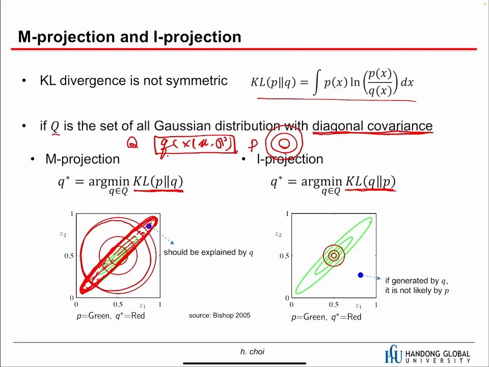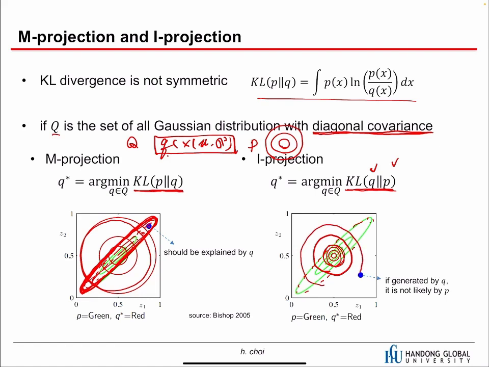And then in this case, we are actually generating samples from Q, because Q is the first distribution here. So we don't care about these green distributions, because the samples are coming from this distribution. If we increase the covariance, then the distribution looks like this.